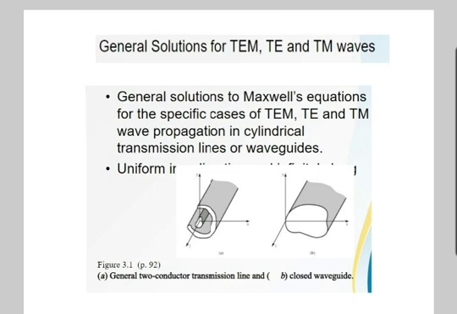Now the general solution to Maxwell's equations for the specific cases of TEM, TE and TM wave propagation in cylindrical transmission lines or waveguides. The first diagram is the general two conductor transmission line, and the second diagram is the closed waveguide.